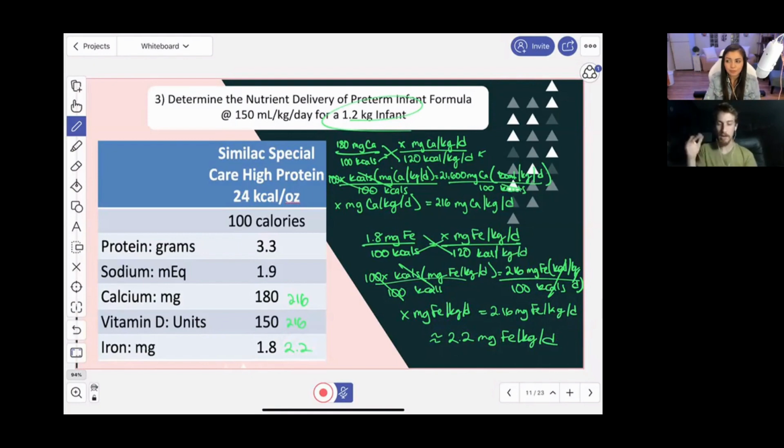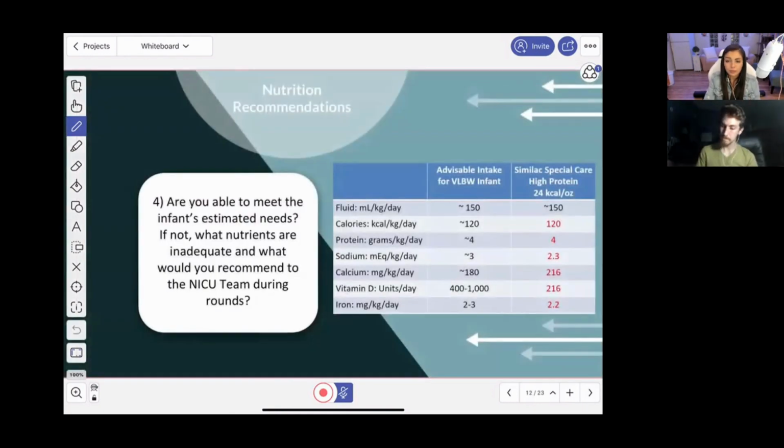So now that we have the nutrients that will be delivered based off of this nutrition prescription with this formula, let's see how they compare to the advisable intake. Well, we're definitely good on our volume for sure. We already knew that to start with. And our calories are right on point. So is our protein.